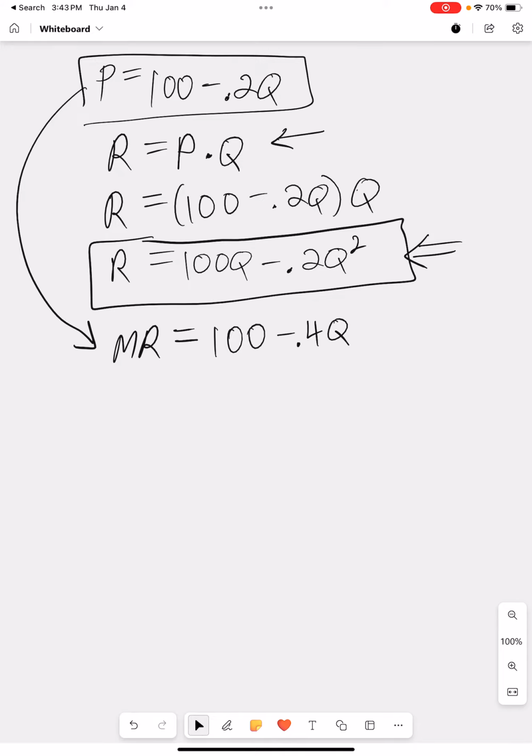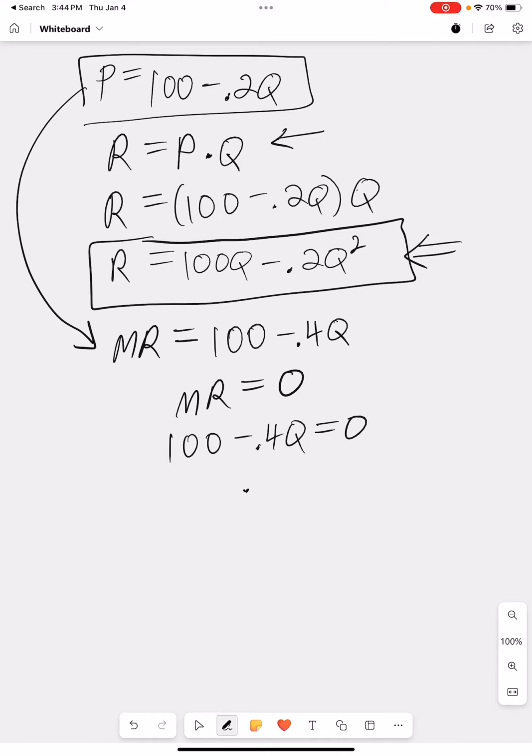The doubling trick just allows you to save a step, and to maximize anything, we set its derivative equal to 0. So we would set MR, which we just computed, equal to 0.